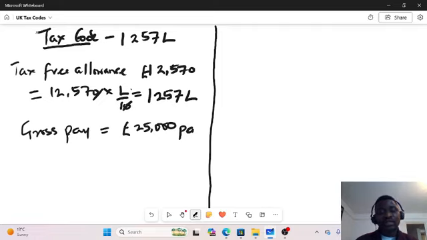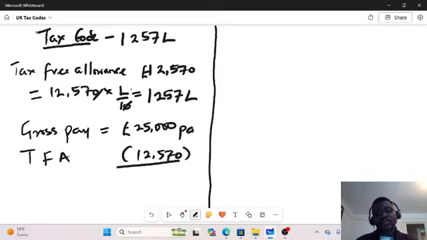Your tax-free allowance will be 12,570, so your employer will take out the 12,570 from the 25,000.